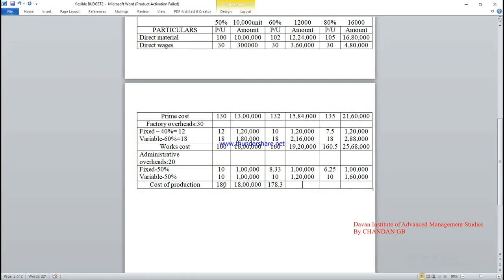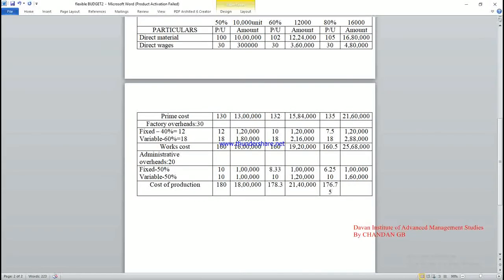Next, 1 lakh, next 21 lakh 40,000 rupees. Add the amount 160.5 plus 10 plus 6.25, 176.75.